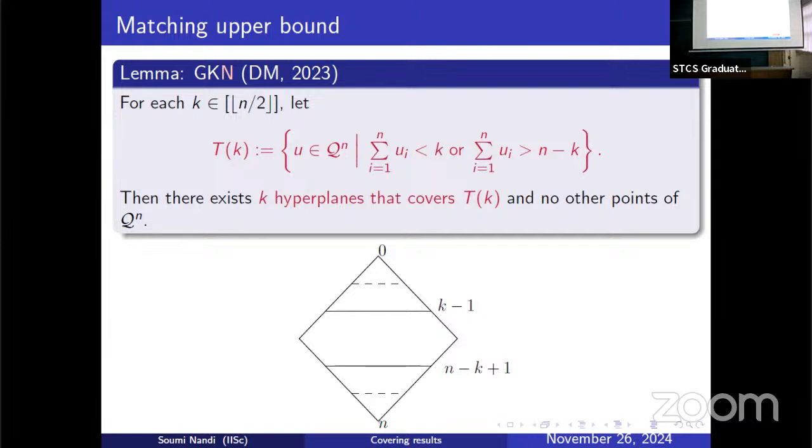But this result says that we can use just k many hyperplanes and cover all the points in these 2k layers, and none of the other points will be covered.